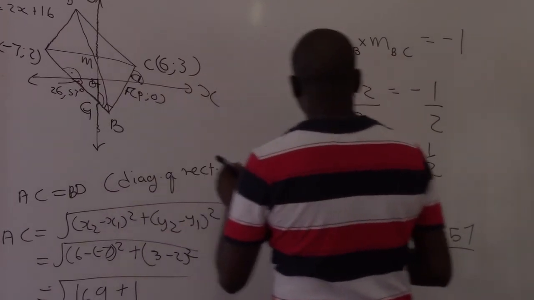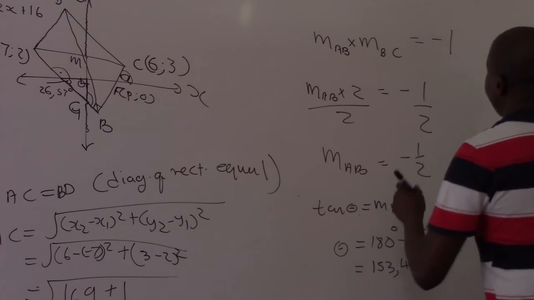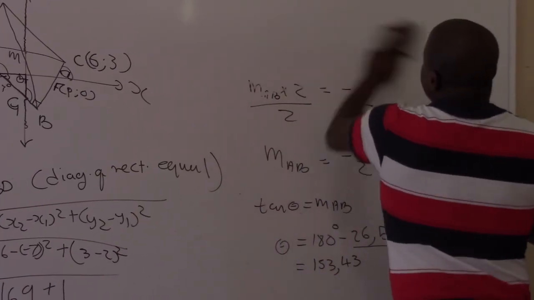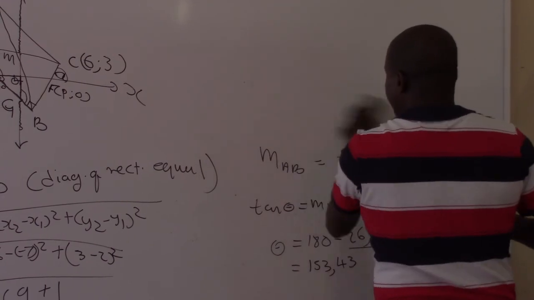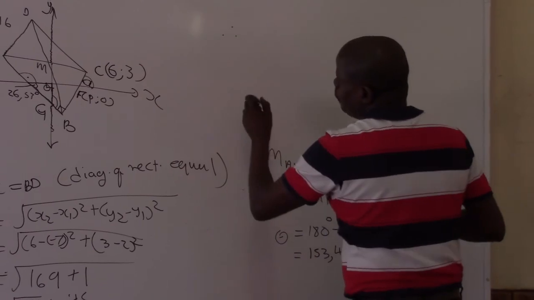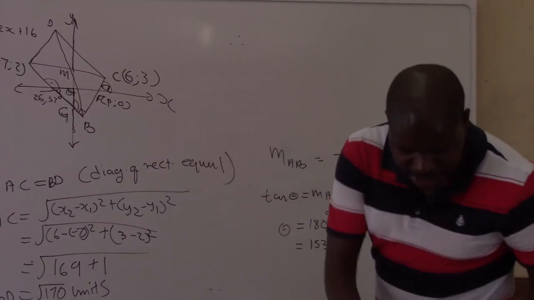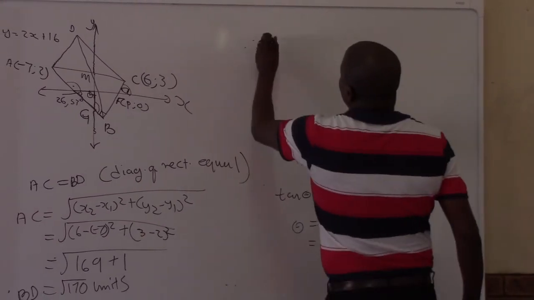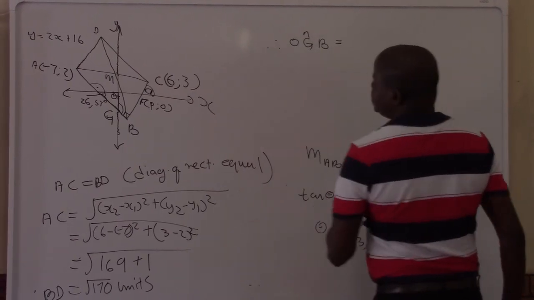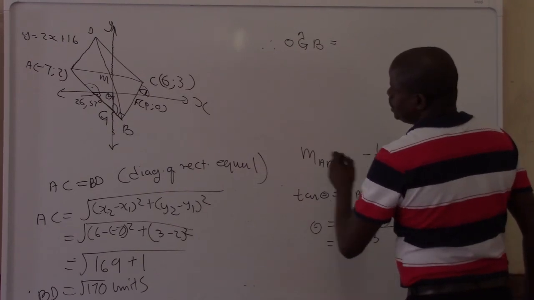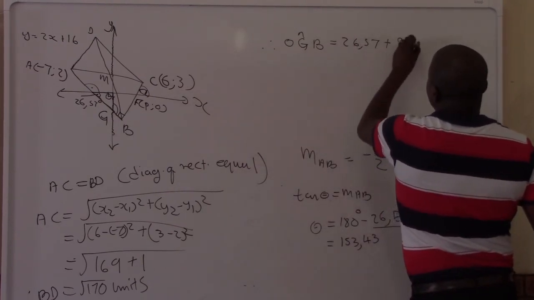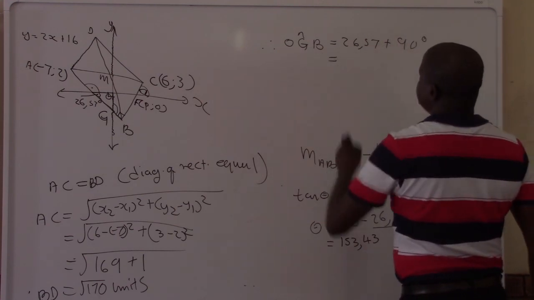After getting that, we say therefore that angle, which I said is OGB, is 26.57 plus 90 degrees.